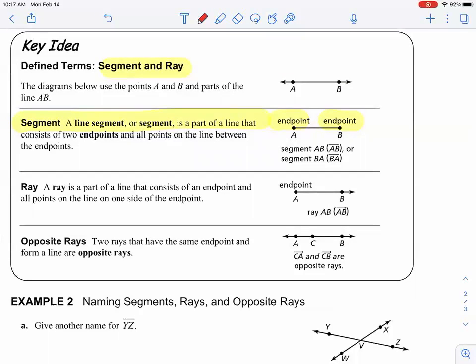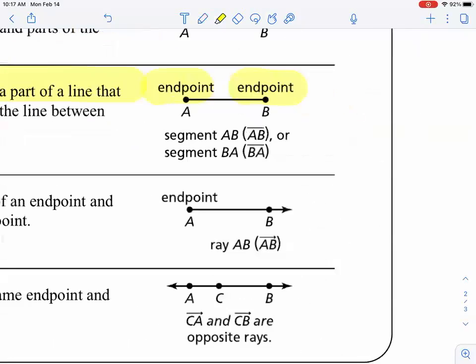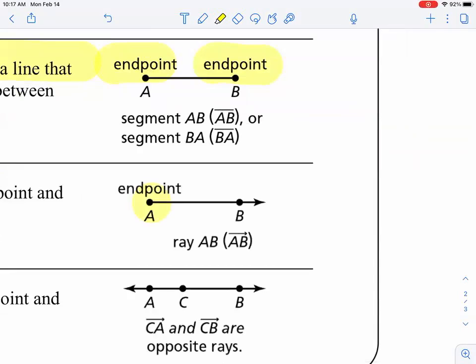Now, a ray is kind of what you get when the line and the segment have babies. Lines go on forever in both directions. Segments have endpoints on both sides. A ray has an endpoint on one side. So a ray, like in this case, that A is an endpoint, but on the right side of it, it goes on forever.